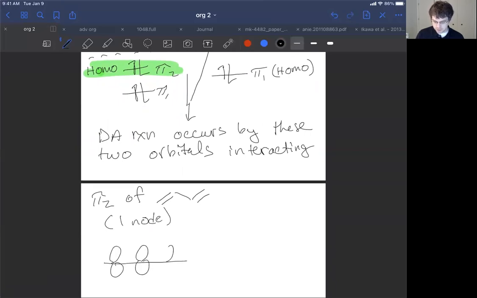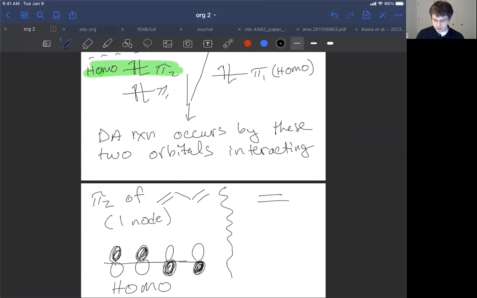So I've got 4 non-hybridized p orbitals, and their respective shading is going to show me what this molecular orbital looks like. If I have 1 node, that node is going to strike right down the center, and we're going to have a system that looks like this. This is the HOMO, the highest occupied molecular orbital of butadiene.